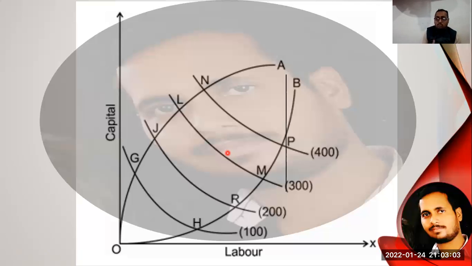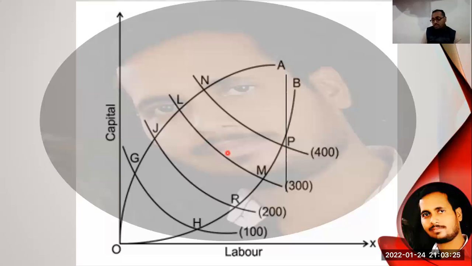So this shows the limit of the capital transmission with the labor. It means how an entrepreneur has to substitute the capital with the labor. So this is the explanation of the ridge line, as we mentioned earlier, student.